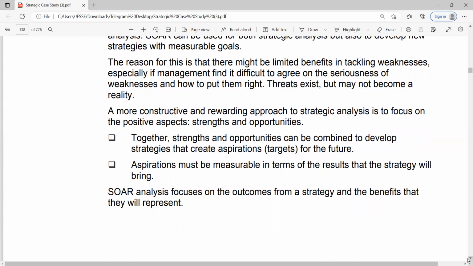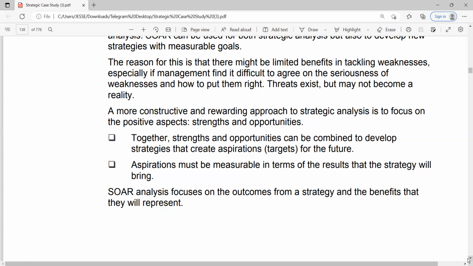SOAR analysis does what? It focuses on the outcomes from a strategy and the benefits that they will represent. Very, very important. So SOAR analysis, you are looking at strengths, opportunities, aspirations, and results.